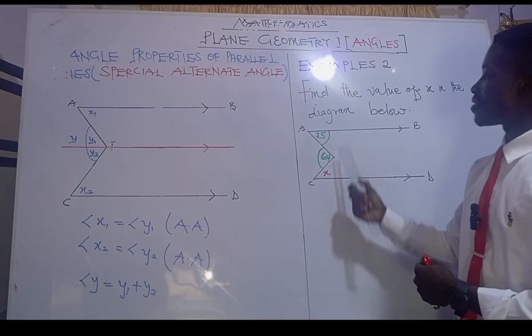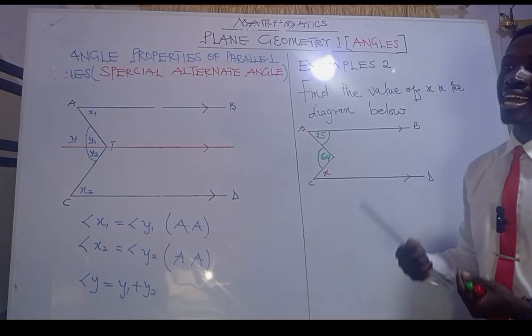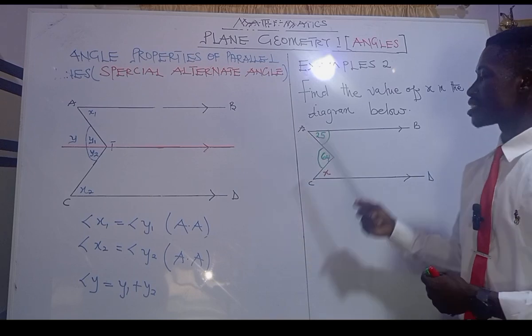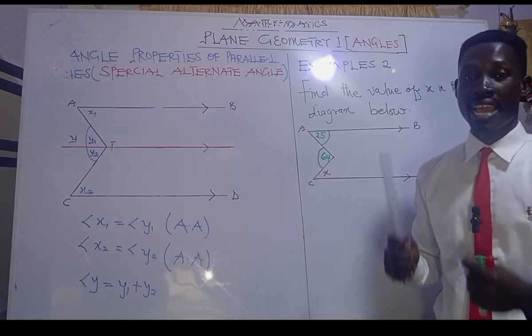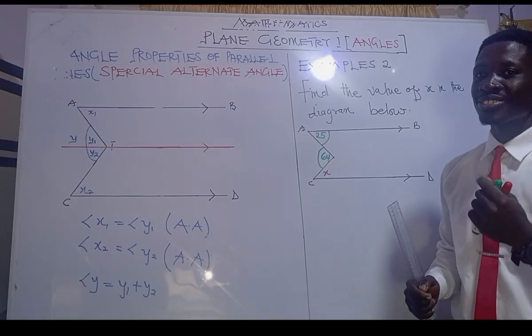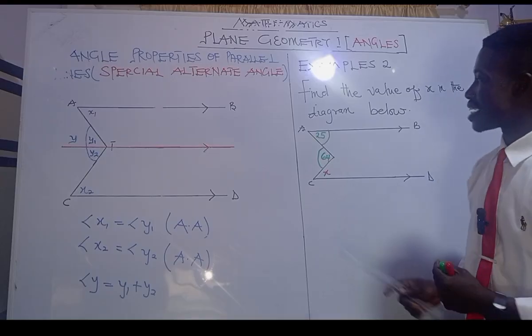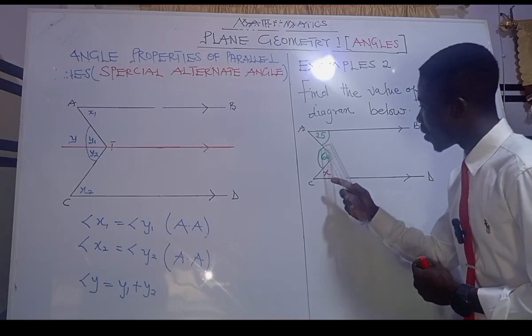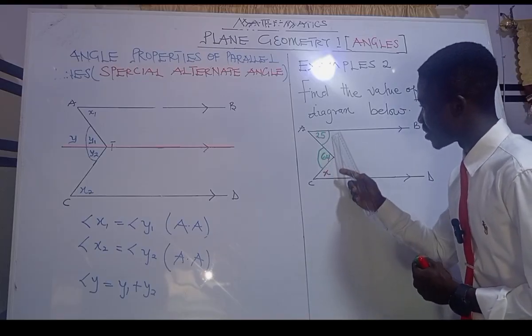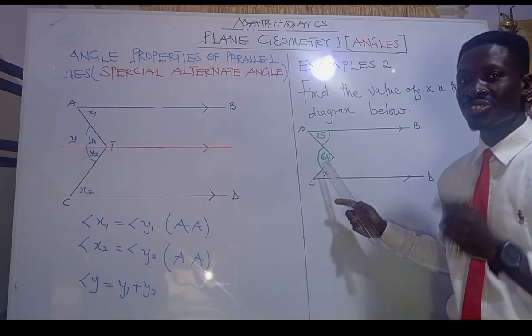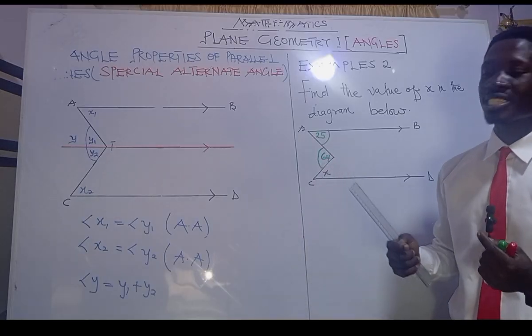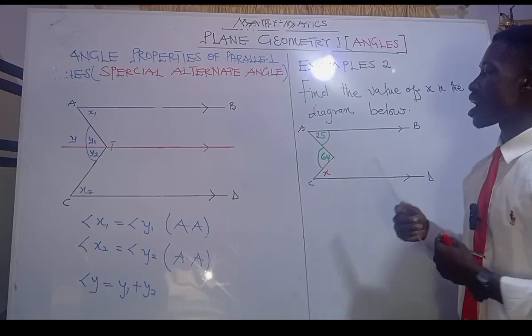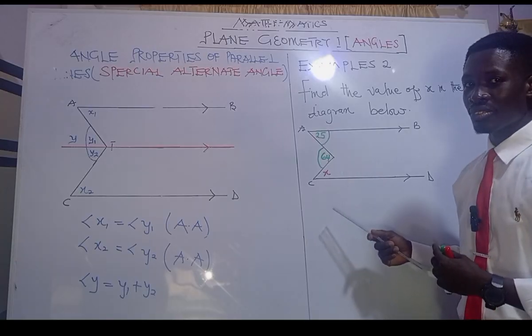Before we can find the value of x, we have to apply the special alternate angle property. Please don't ever make the mistake of saying that this angle alternates with this angle and therefore this angle is equal to this angle. Don't ever commit such a mistake, because this is one of the mistakes that students commit whenever they encounter questions of this very nature.